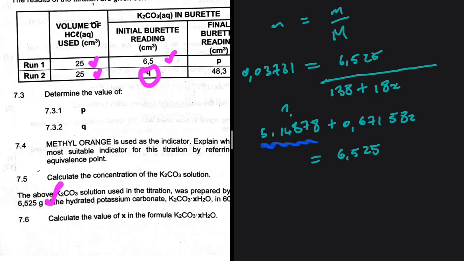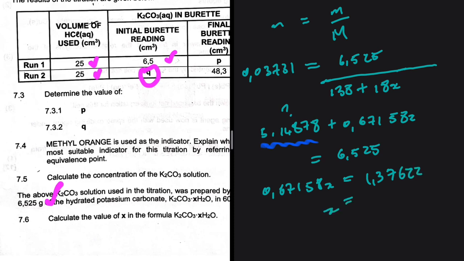So 6.525 minus 5.14878. So 0.67158x is equal to, I press answer, I get 1.37622.